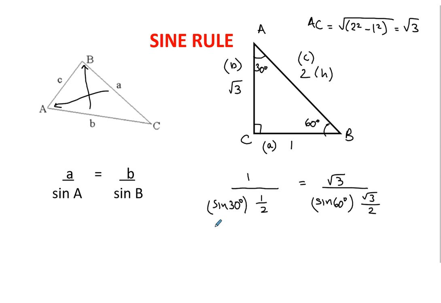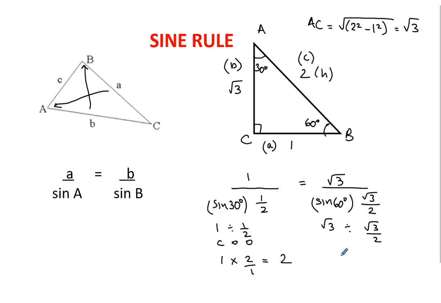So here we're going 1 divided by a half. We know how to divide fractions: we just go copy, opposite, opposite. So you've got 1 times the opposite, which is 2 over 1, so that would be 2. And over here, we'd be going surd 3 divided by surd 3 over 2.